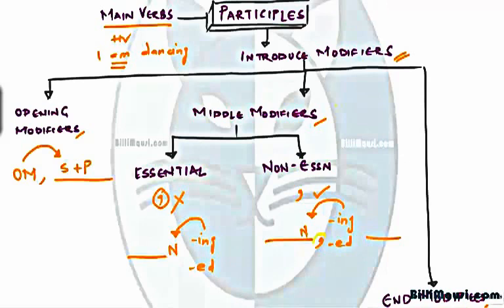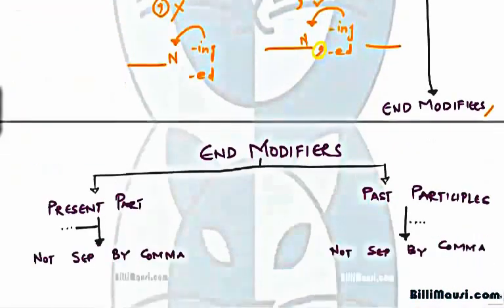Whenever we have a comma, it refers back to the preceding noun, and wherever we do not have a comma, it also refers back to the preceding noun. But in the case of essential modifiers, it identifies the noun they modify, and in the second case, it just gives additional information. Okay, let's move to the end modifiers.